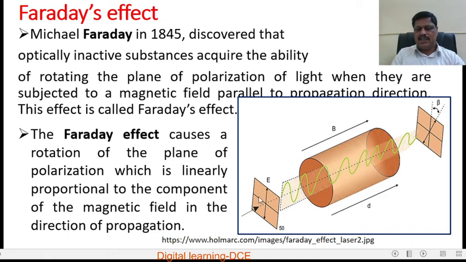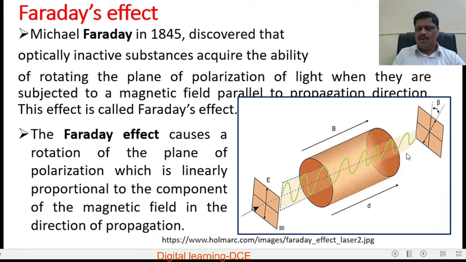Again, this is the plane polarized light having vibrations in this plane. For this plane polarized light, and also this material, we are applying the magnetic field parallel to the direction of propagation of the plane polarized light.